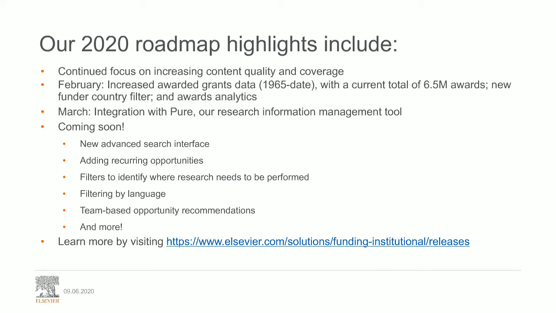In February, we offered many enhancements to the awards data, including deepening the content by adding data back to 1965, which raised the total as of today to over 6.5 million grants.